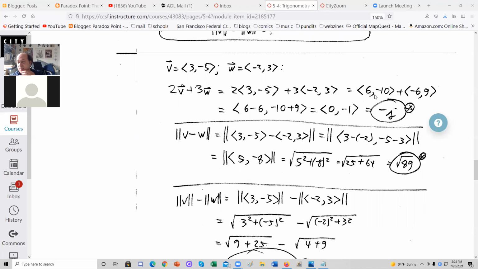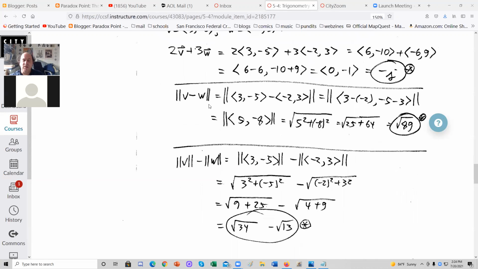Okay, 6 by negative 10 plus negative 6 by 9. We add components. The x component is 6 plus negative 6. The y component is negative 10 plus 9. This is 0 by negative 1, otherwise known as negative j. So here we have it.